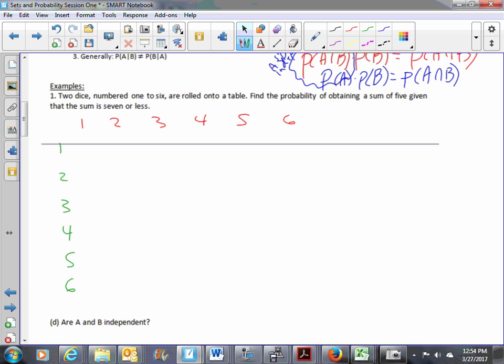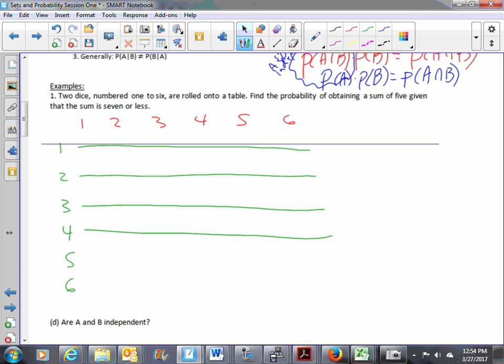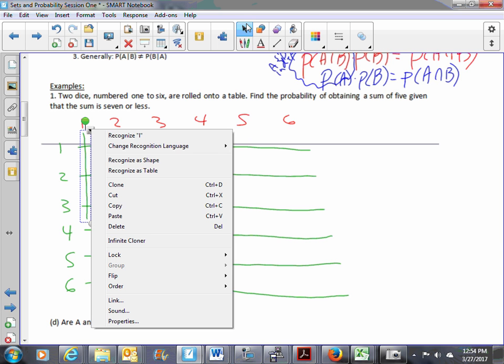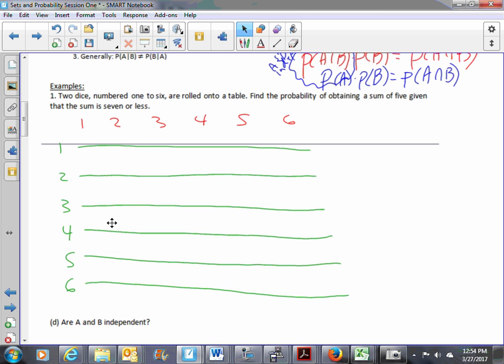Now, if you were to just draw lines here, each point of intersection, actually I probably should do red lines this way just to be consistent. There we go.